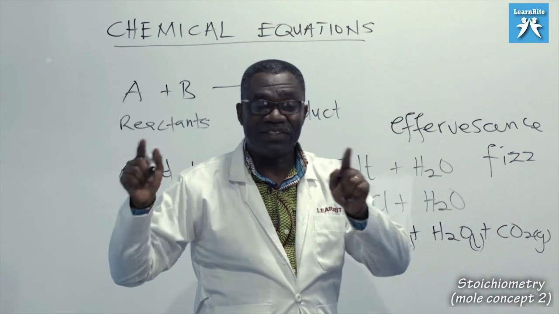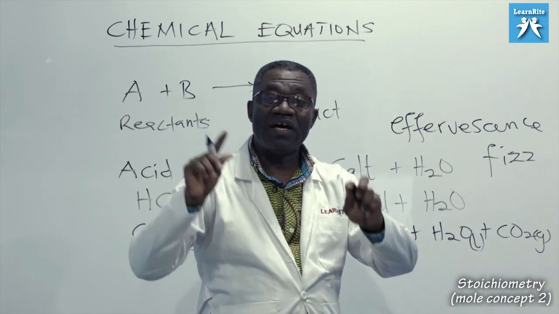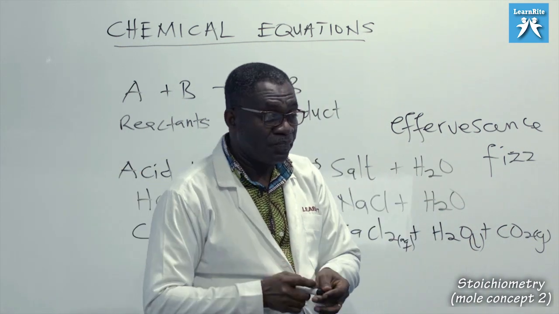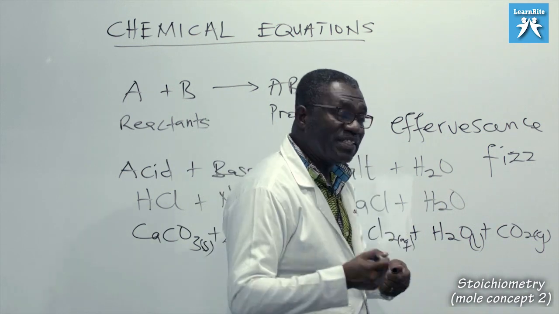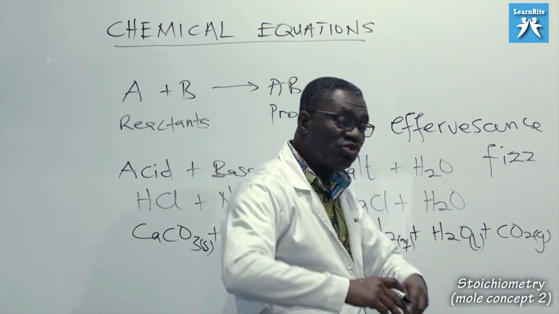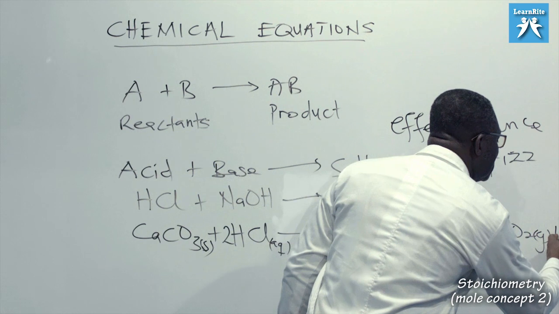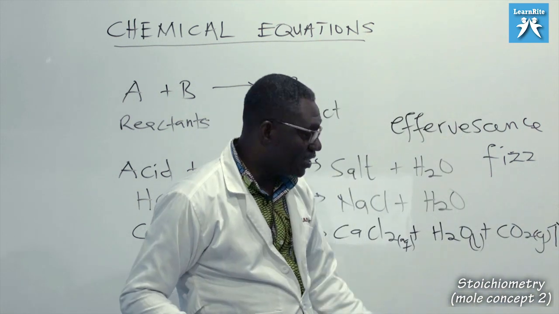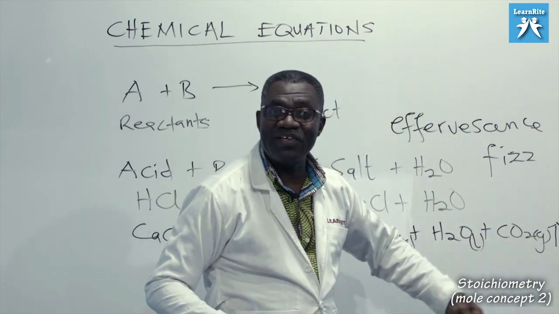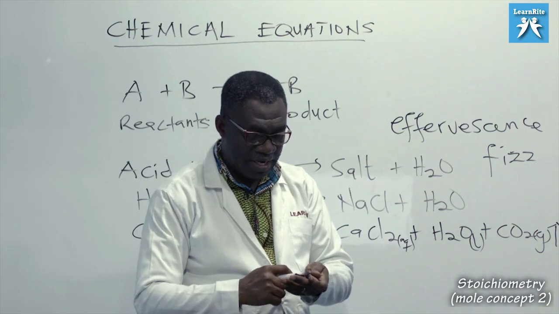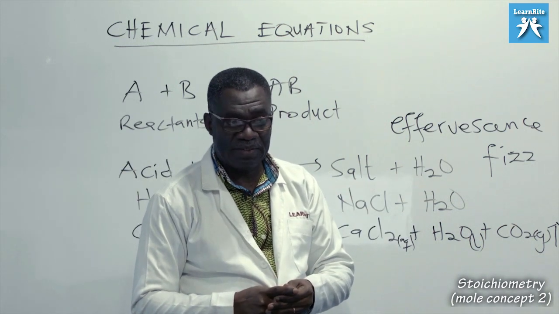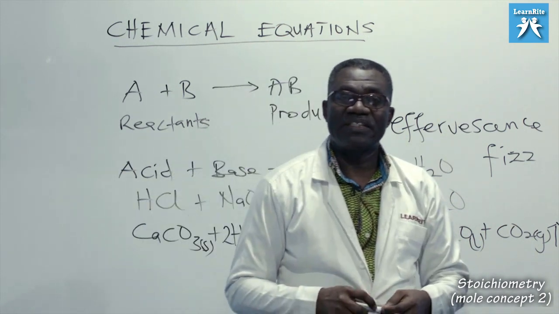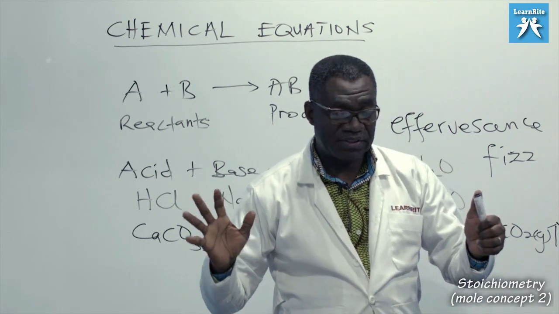It's just a representation of the word effervescence and the sound. And in writing the chemical equation, because it's going to be evolved, we can put an arrow here. It is a gas. When you put an arrow here, it is telling that it is evolving to the atmosphere. That's a symbol. So that is why we saw that effervescent sound.